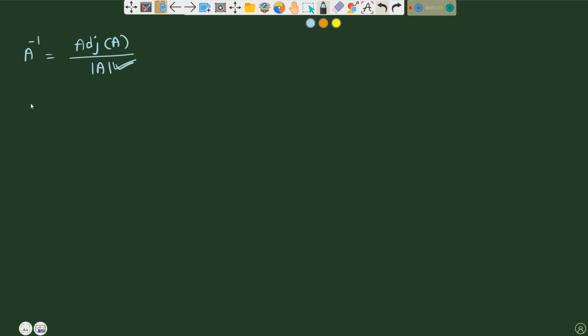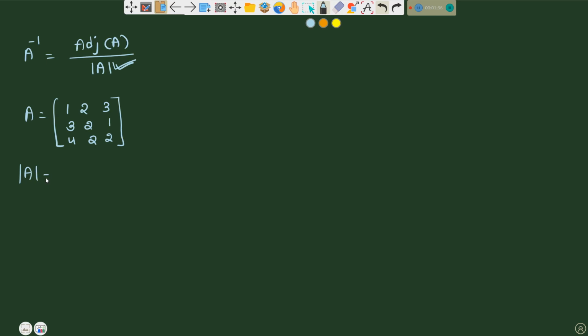So let us take an example. A is equal to 1 2 3, 3 2 1, 4 2 1, or let me change this last row as 4 2 2. If I want to find the A inverse, first you have to find the determinant of A, correct?